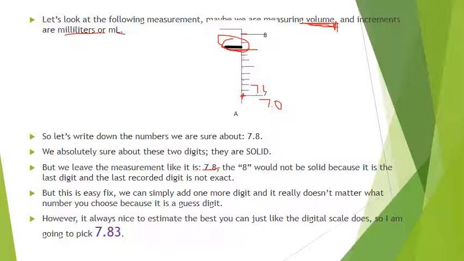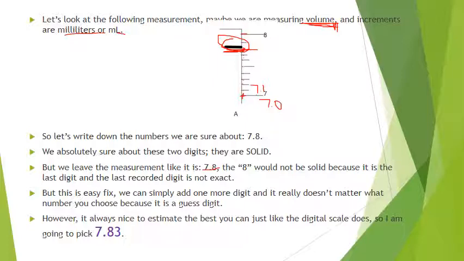Now, the 0.8 I'm really sure about, so what I have to do is add another number to make that number solid. And so I add a guess digit. I'm going to add another number somewhere between 7.8 and 7.9. That's going to make that solid.